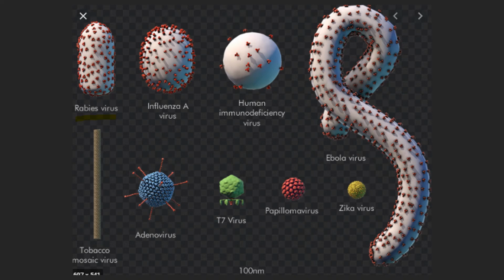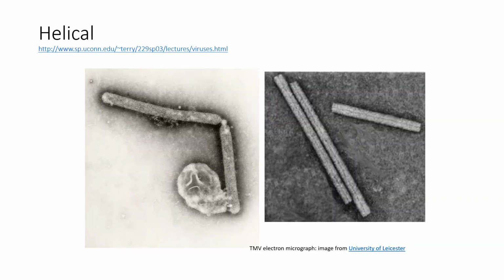See that helical, the TMV, the tobacco mosaic virus. T4 virus, papilloma, Zika virus, and this is Ebola over here. So as you see, a variety of different shapes.